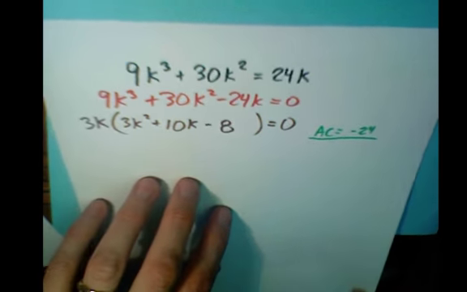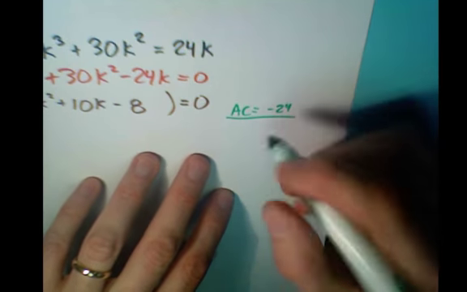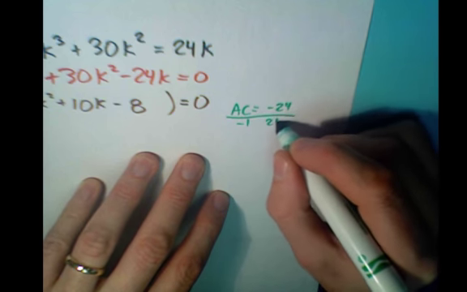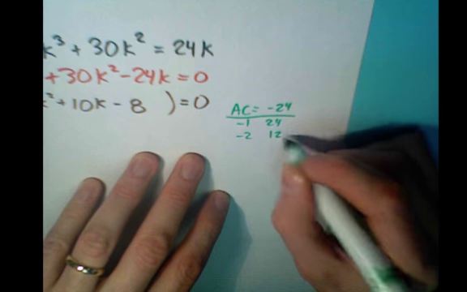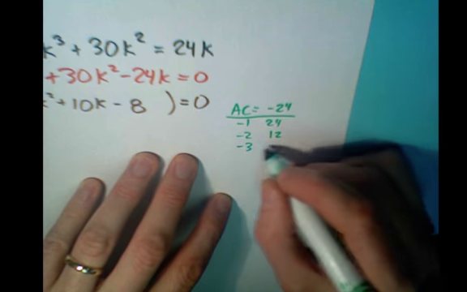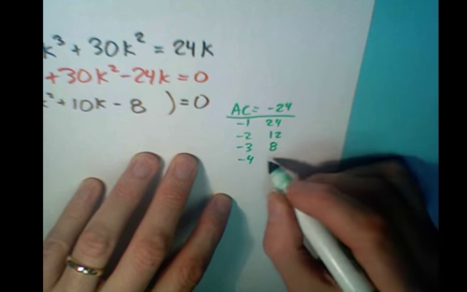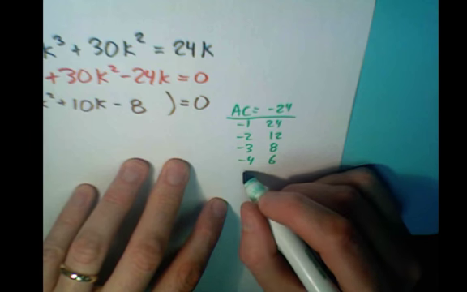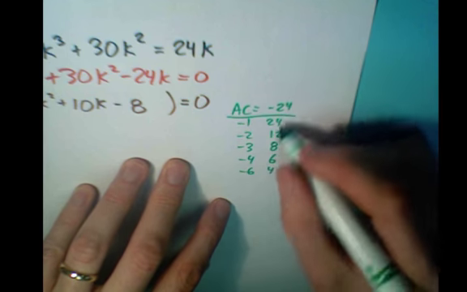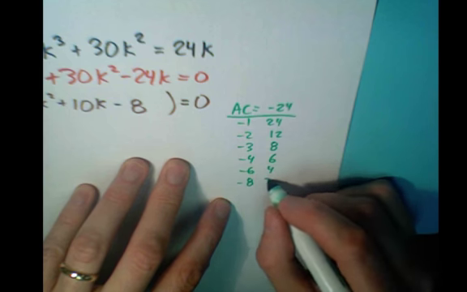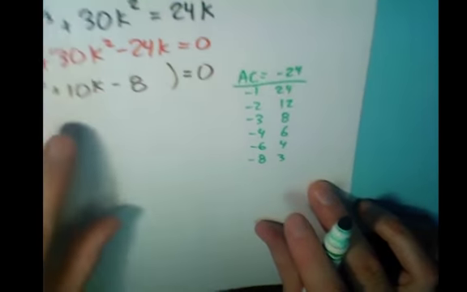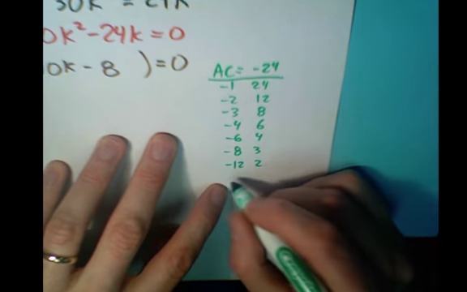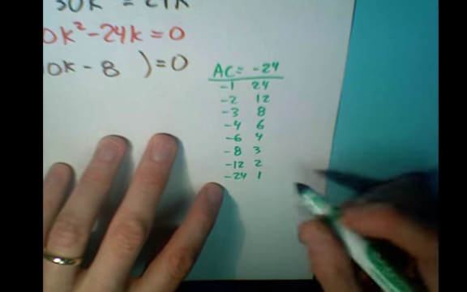And if you want to list all the factors of negative 24, you don't have to list them, but we could say negative 1 times 24, negative 2 times 12, negative 3 times 8, negative 4 times 6. Yeah, 5 can't go in, 6 can go in, negative 6 times 4, and then it repeats. Negative 8 times 3, negative 12 times 2, and lastly negative 24 times 1.